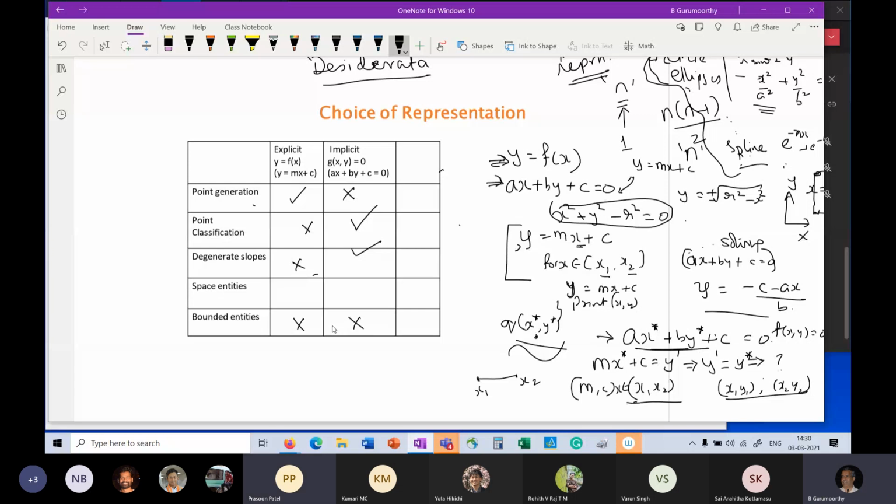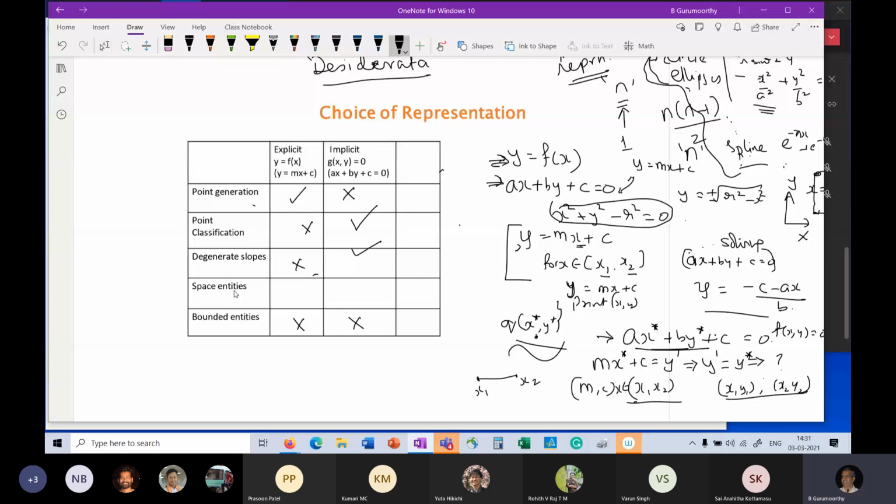You're designing something that you can make or somebody else can make. And so by nature or by definition, we are only interested in bound entities. There's nothing infinite about the objects that we make. They all have finite sizes, finite volumes, finite areas. And therefore, it is important that the representation we choose meets this requirement that it be able to represent bound entities.